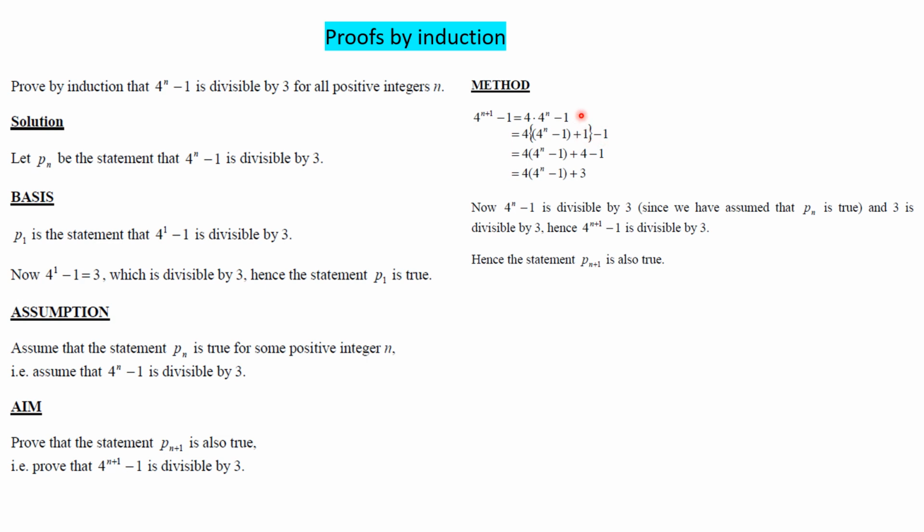And don't forget, you still have negative 1 outside here. Now you expand the bracket out, so put the 4 back in. Now you can see that you've got 4 to the power n minus 1, which is the second step. And your result would be 4 times something divisible by 3, plus 3. That means the whole expression is divisible by 3.